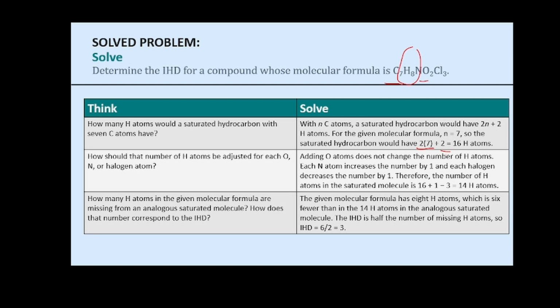That difference is 6. So we take 6, that's the number of hydrogens we're short, aren't we? Okay. To get the IHD number, you always have to take that number and divide it by 2. And so that gives us a final IHD number of 3. Okay. Did I lose anybody here? Okay.